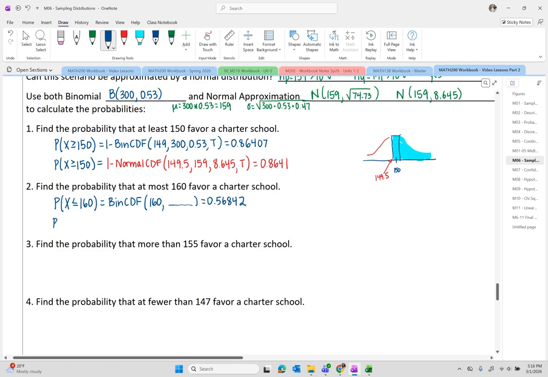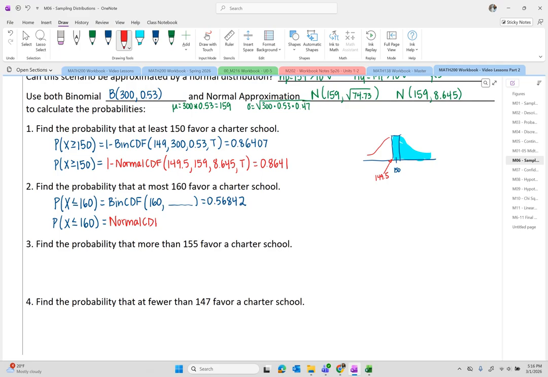And now if I want to do that with a normal distribution, which is a continuous distribution, let's sketch again what we are looking for. So we have this binomial distribution with the probability of being equal to each of the values. And this is the 160. And I want to calculate the probability of being equal to 160 or less.